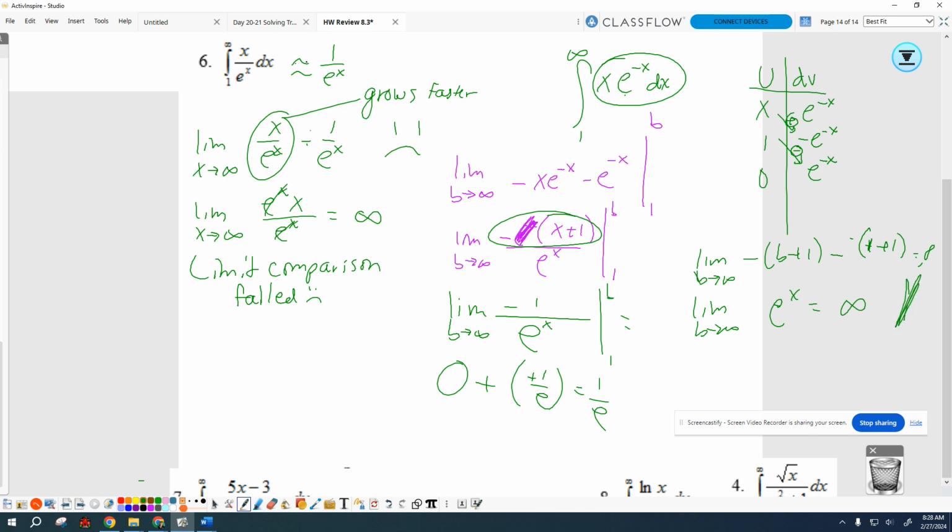I was doing L'Hopital's with the numerator and plugged in both pieces. The numerator at infinity goes to negative infinity, and the denominator at infinity also goes to infinity, so just showing that L'Hopital's applies. Okay.